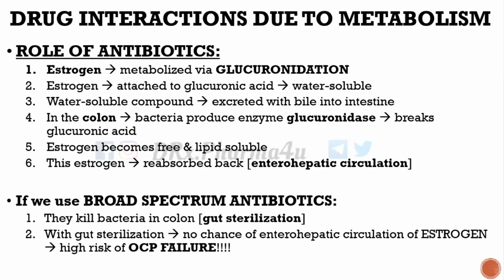This is a process known as gut sterilization. So estrogen or estrogen related compounds should never be used with broad spectrum antibiotics, or else there is a high risk of oral contraceptive failure. So this is also a very classical example of drug interaction due to metabolism.